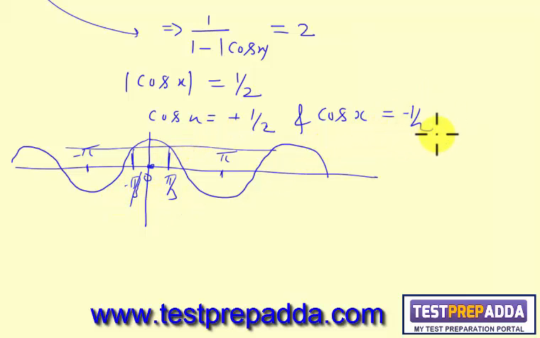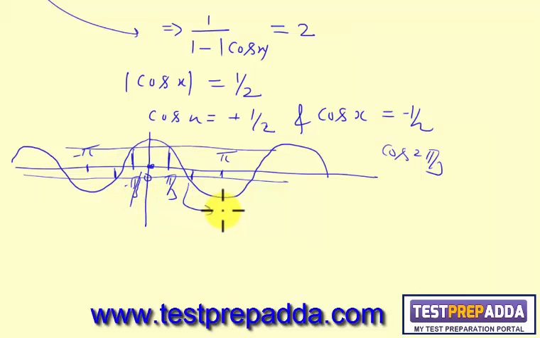And minus half. This is minus half. This is actually pi minus pi by 3. Means 2 pi by 3. Cos 2 pi by 3, which will be somewhere here and here.